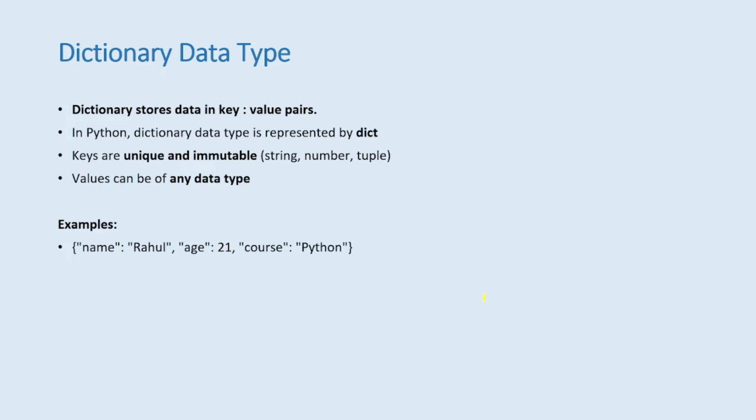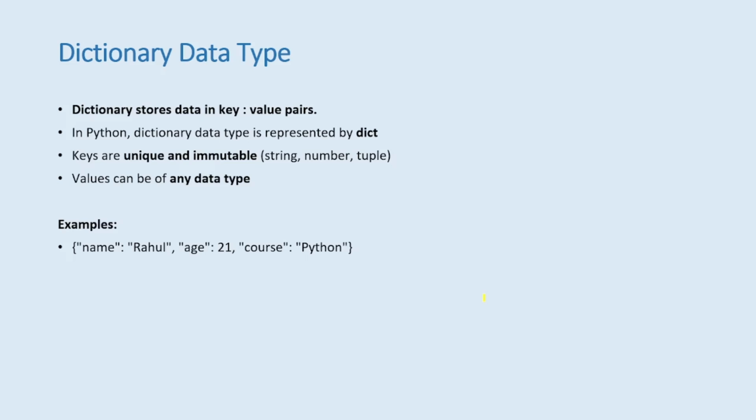Keys in the dictionary are unique, which means the same key cannot be present two times in a dictionary. Keys are unique and keys are immutable. That means you cannot rename the existing key.